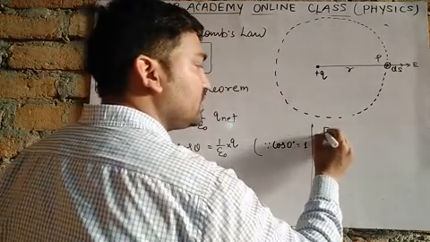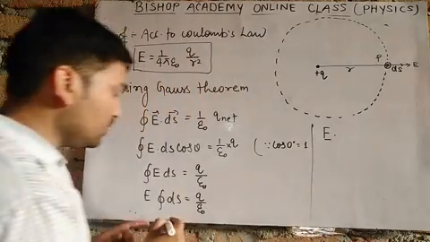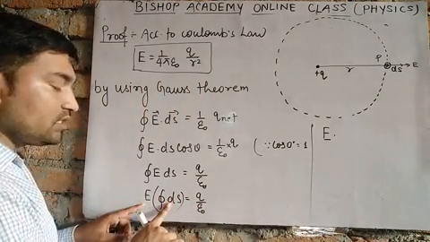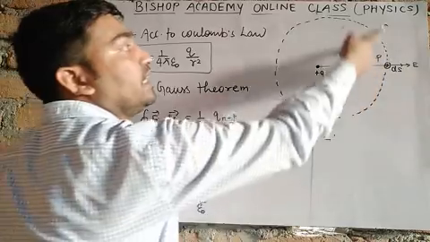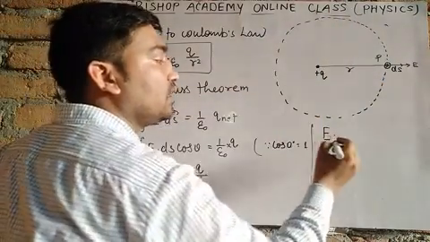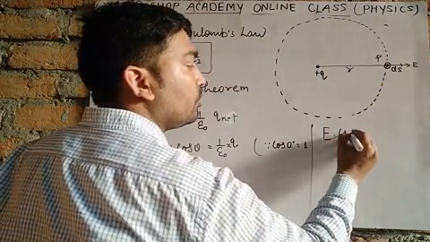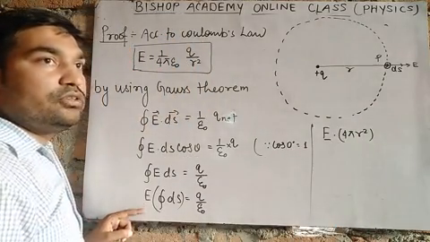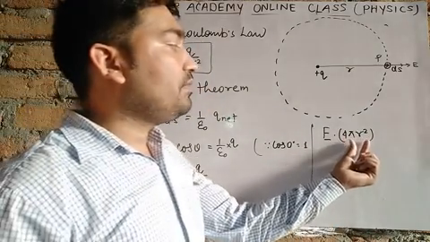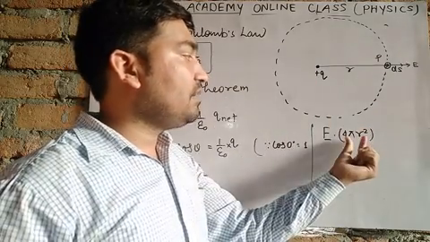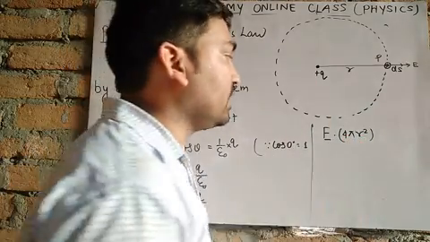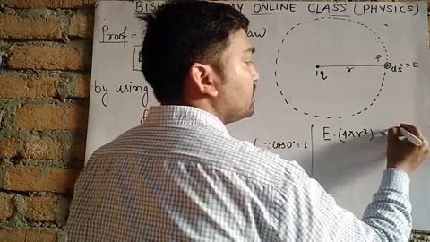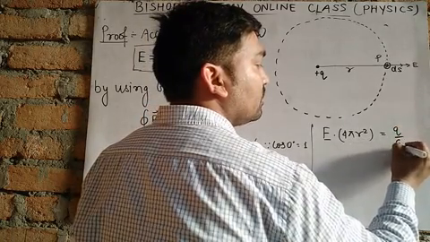So it is written as E into 4 pi r square equals Q upon epsilon naught.